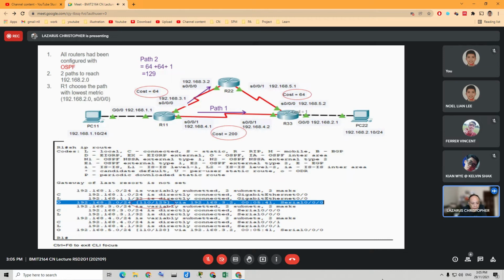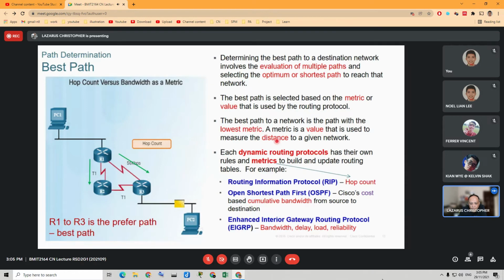Let me just bring you back to here. Cisco's cost is based on cumulative bandwidth, so whatever the bandwidth is has already been given a cost. So here will be lower cost compared to this one, and this one is higher cost.